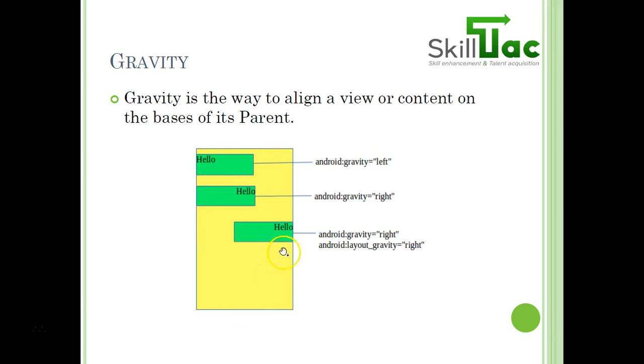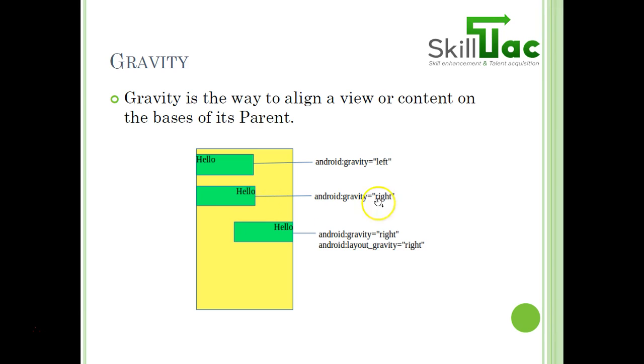So if you see this second view here, the view is in green and the parent view is in yellow and the content is in black, which is written inside the green view. So if you see the green view, and here we have written Android gravity right. So if you notice that the hello text is aligned towards the right side of the view.